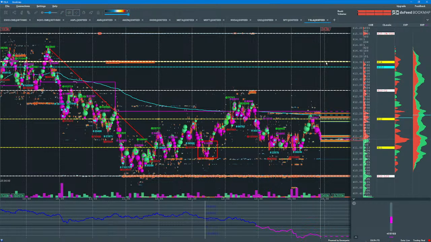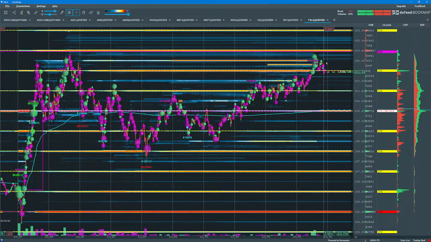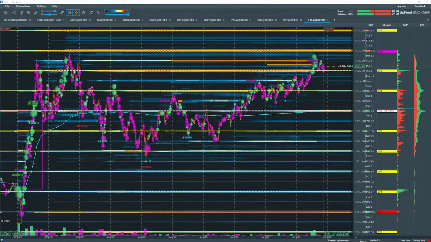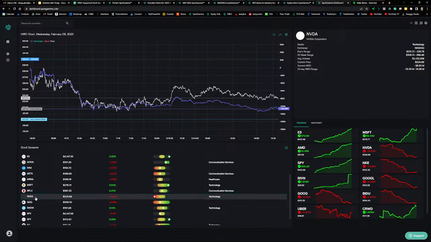And let's take a look at Tesla. So Tesla has been fairly choppy too. Large pullbacks, 2 or 3 point pullbacks. Let's take a look at Hero for Tesla.